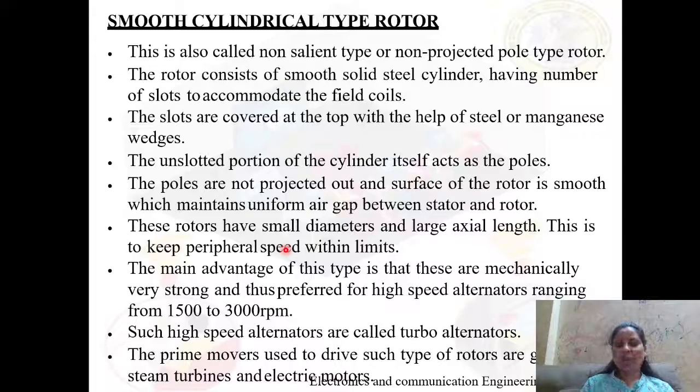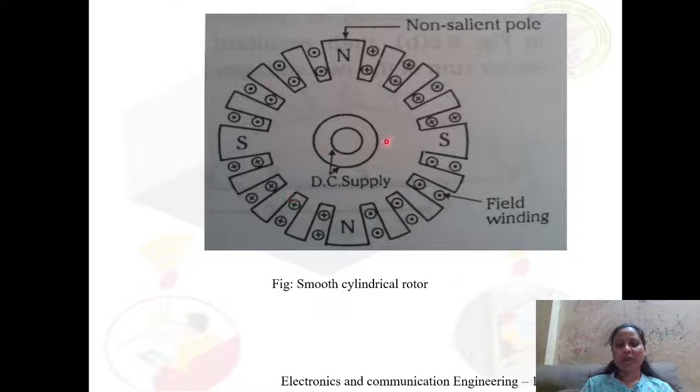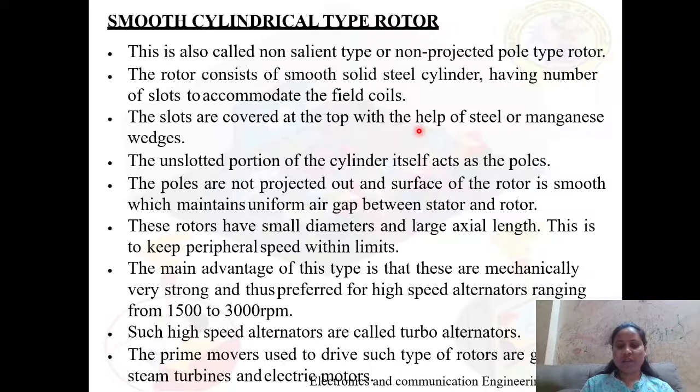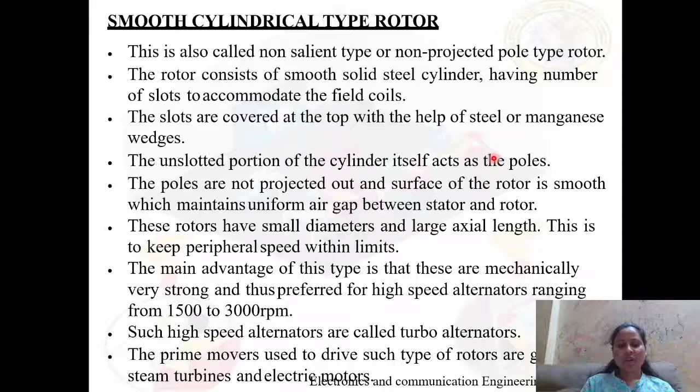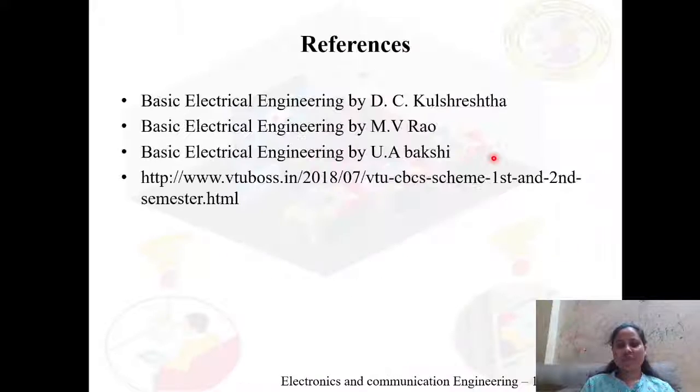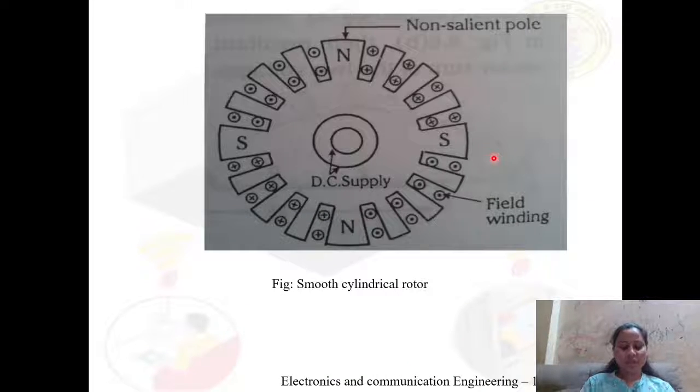This type of rotor has a small diameter and a large axial length. These rotors are very strong mechanically, and they are preferred for high speed alternators, which can run from nearly 1500 to 3000 rpm. Thank you.